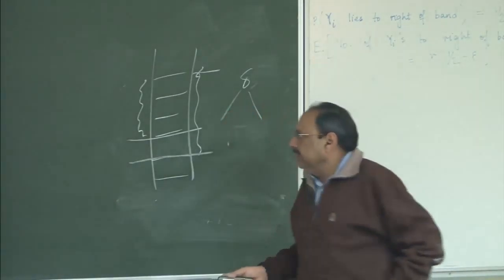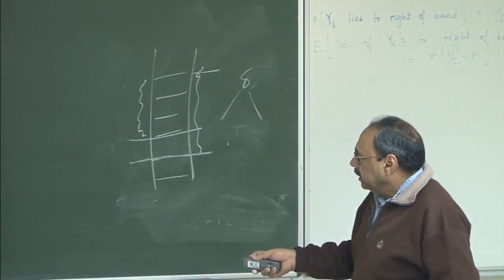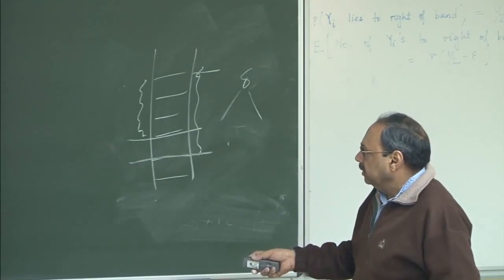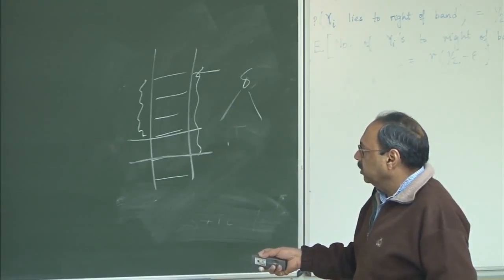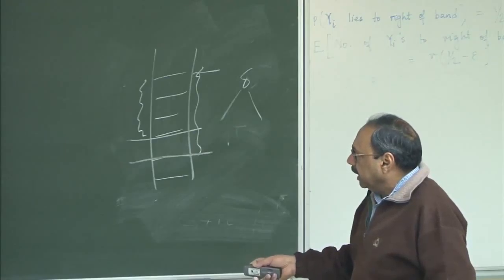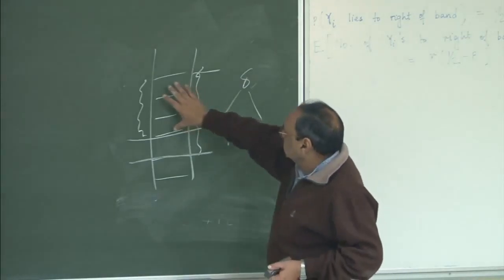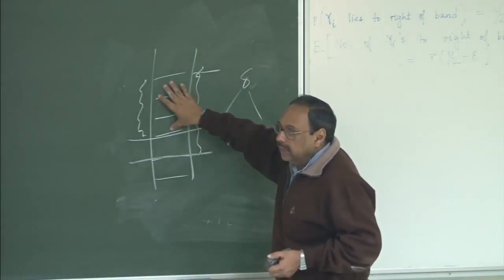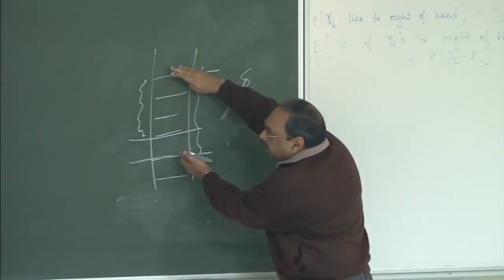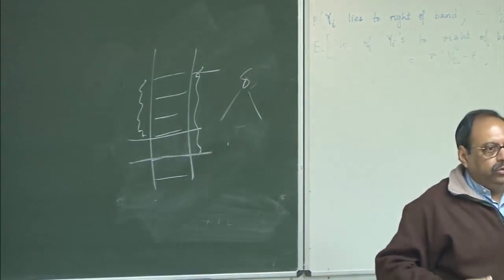Suppose delta is my stack configuration and the input symbol is A, then shift obviously will give me delta A. But when I say reduce, reduction can happen by taking either this part which matches the right-hand side of a production, or this part which matches the right-hand side of a production, and my parser will have to figure this out.